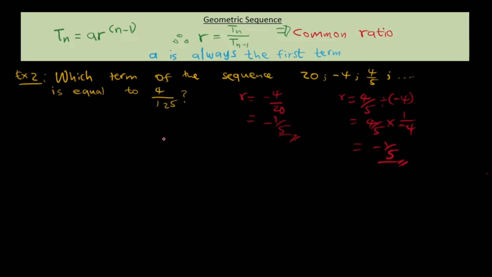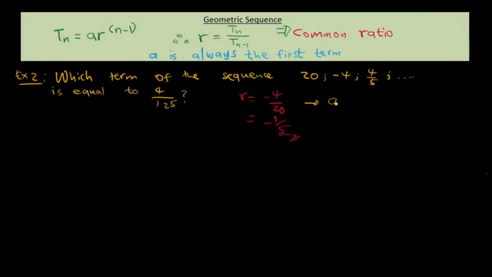Now, from the general nth term of your geometric sequence, we already know the value of r. Remember, after establishing that your sequence is geometric, you know something to be true: a is always equal to the first term.